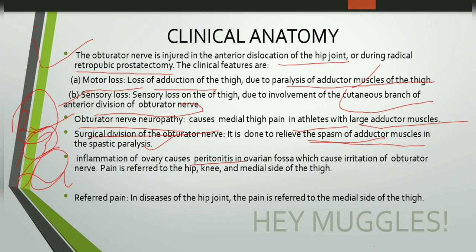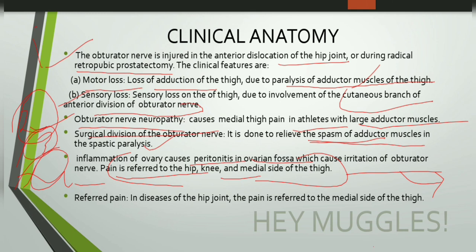So inflammation of the peritoneum in the ovarian fossa can cause irritation of the obturator nerve, and pain is referred to the hip, knee and medial side of the thigh. So here we have referred pain.